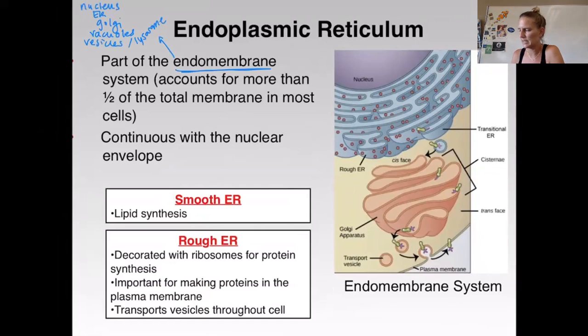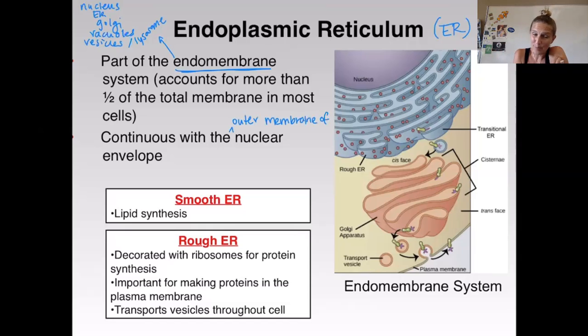The endoplasmic reticulum, otherwise known as the ER, is part of the endomembrane system, and in fact it accounts for more than half of the total membrane in most cells. So it's big, and it's a lot of folded membrane. And it's, again, continuous with the outer membrane of the nuclear envelope, or the nuclear membrane, right?